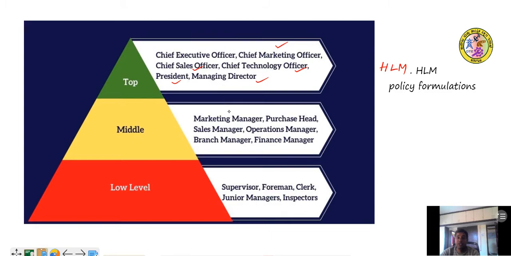Marketing manager, purchase head, sales manager, operation manager, branch manager, finance manager. These are called middle level management.